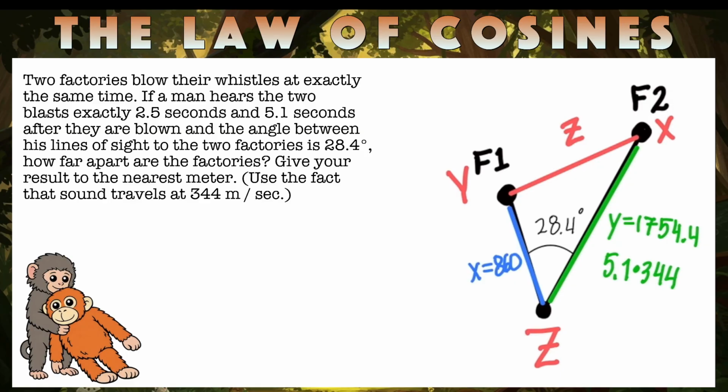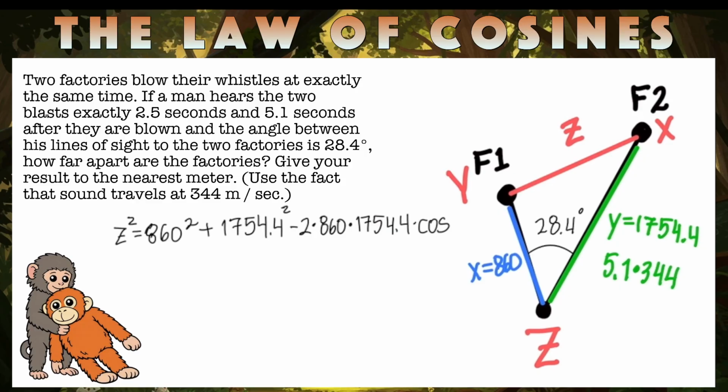So what will we have? z squared equals 860 squared plus 1754.4 squared minus 2 times 860 times 1754.4 times cosine of 28.4 degrees.